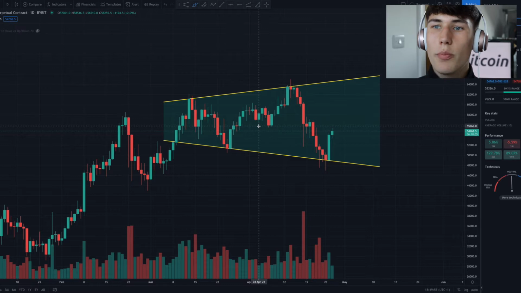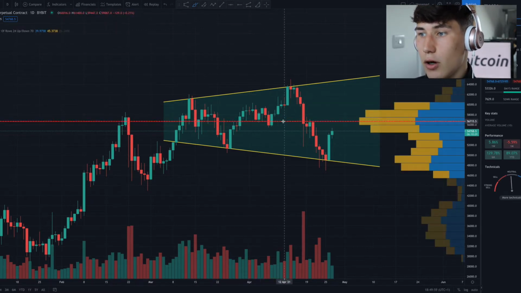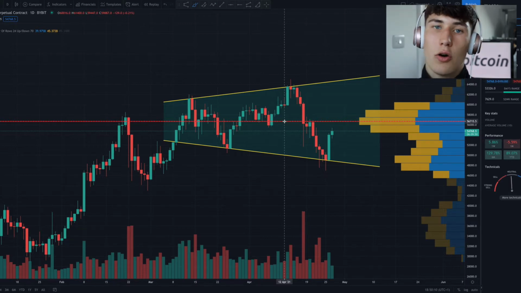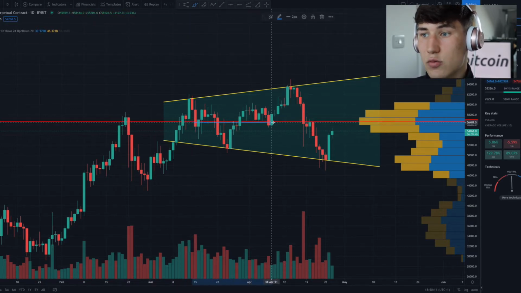Now, opening up the VPVR, the visible range, the VPVR is sat at $56,700, which is in fact the center of the Megaphone pattern, and the VPVR always sits in the middle of the Megaphone pattern because that is where all the volume is within the pattern.